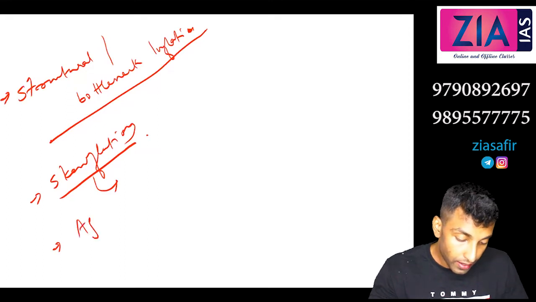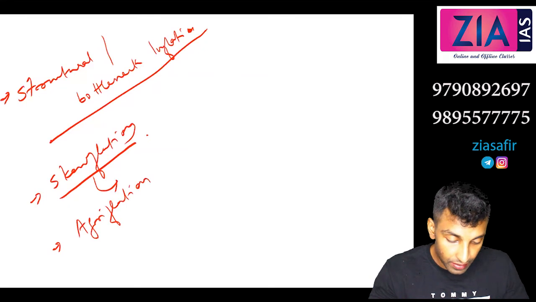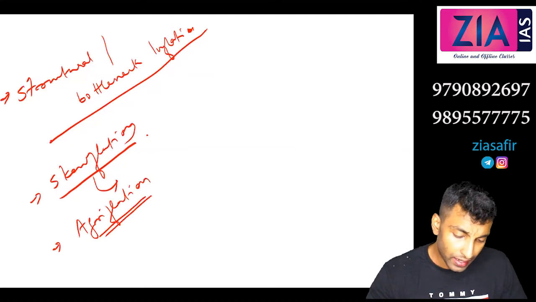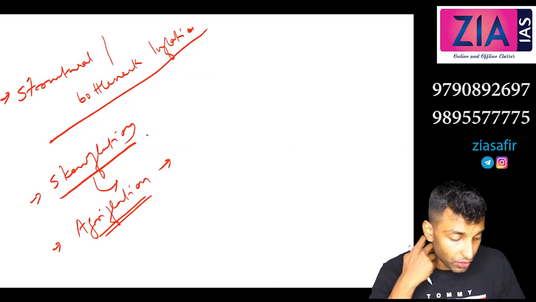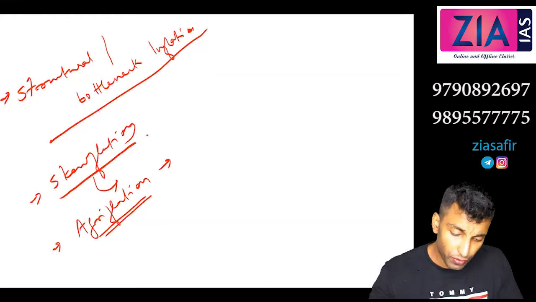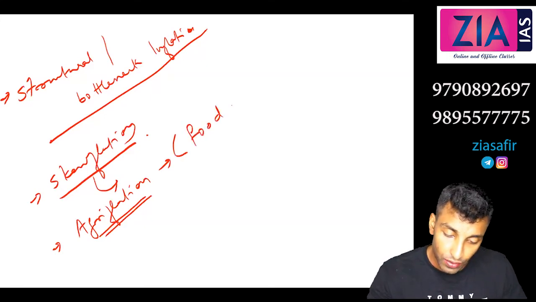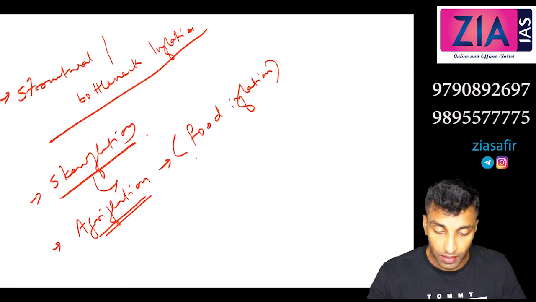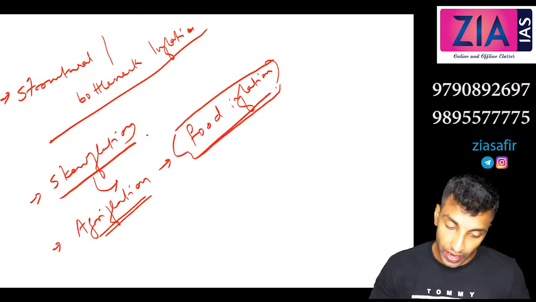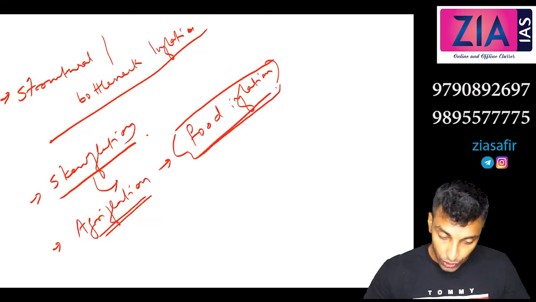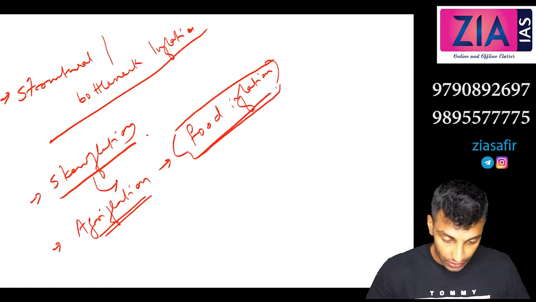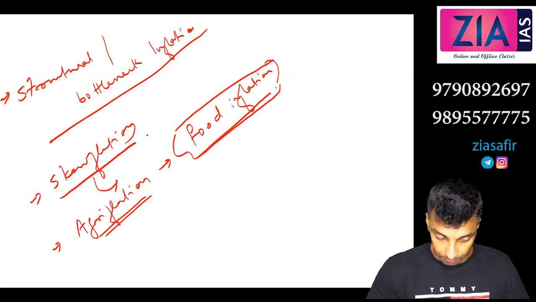Okay, next is agriflation. It is related to agricultural commodities, so you can write there increase in price of agricultural commodities, or if you want, in brackets you can also write food inflation. Regarding food inflation we have discussed already, and we have also demonstrated why food inflation is increasing in India. I have also talked about the World Bank study on MGNREGA and concluded that MGNREGA is actually the reason for food inflation in India.